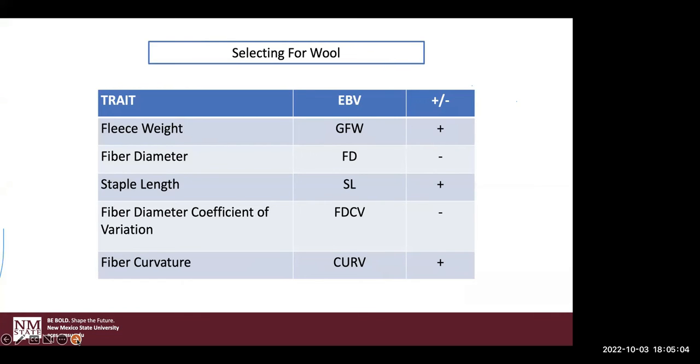But these show you what you're looking for and what the acronyms are for those EBVs, with GFW being greased fleece weight, FD fiber diameter, SL staple length, and fiber diameter coefficient of variation, which is important. You don't want a lot of variation within the fleece. And then fiber curvature is kind of your crimp. And so again, you'll see pluses and minuses as the numbers you would want to look for to evaluate the ram's wool quality potential. Next slide.